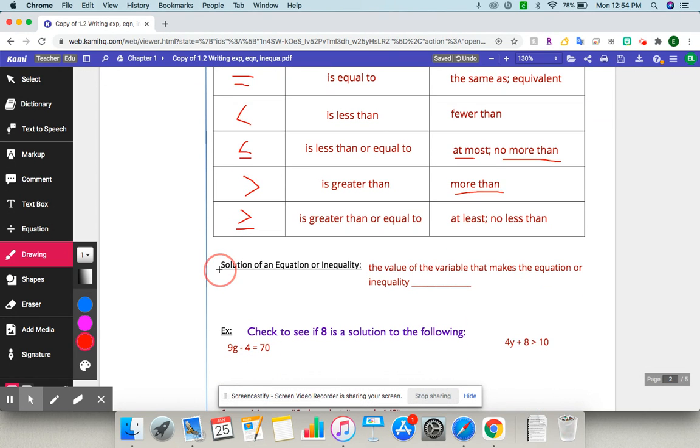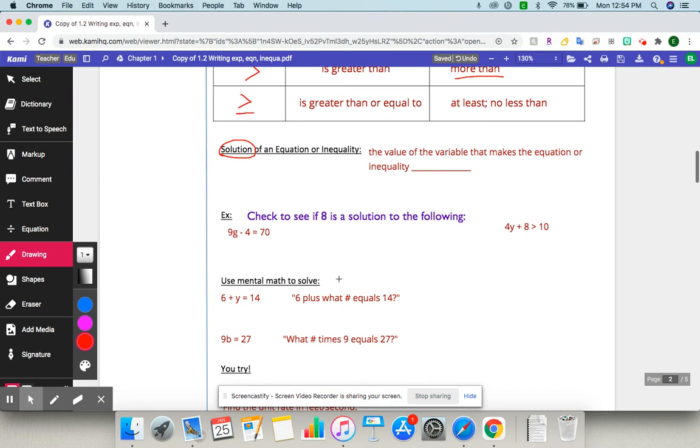Next, we're looking at what does it mean to be the solution of an equation or inequality. So this is simply the value of a variable that makes the equation or the inequality true. So if I said 5 equals 5, that is a true statement, compared to if I said 7 equals 5, that is not a true statement. So in this example, we're checking to see if 8 is a solution to the following both equation and inequality.